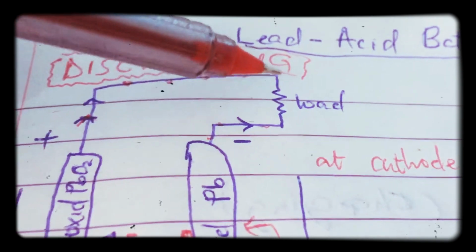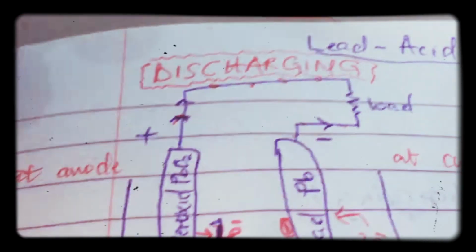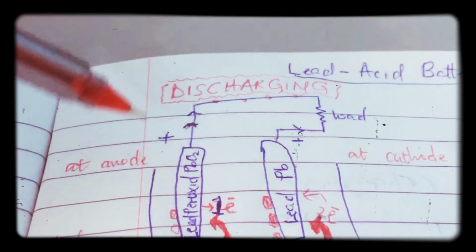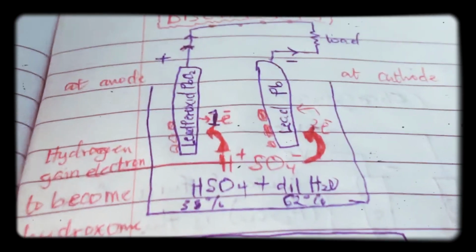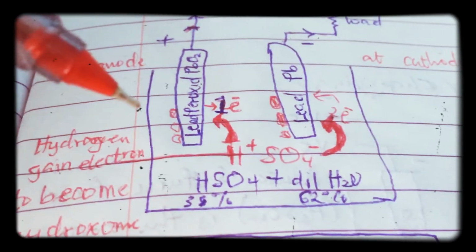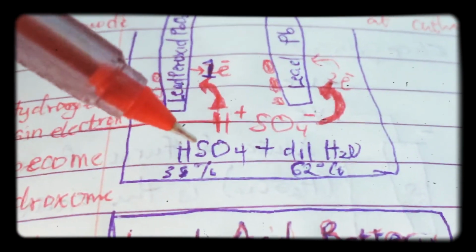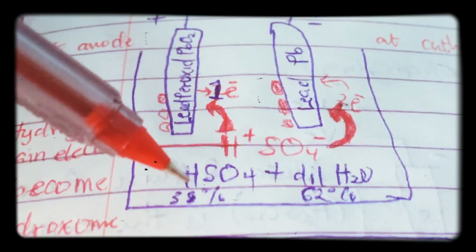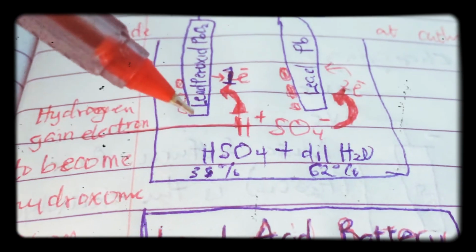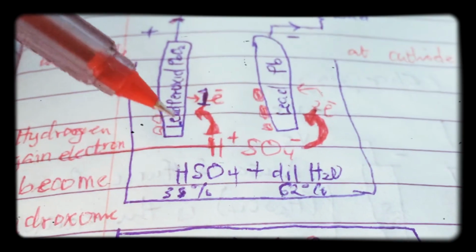The load receives the current flowing. These electrodes are immersed partially in sulfuric acid, so there is a reaction between the electrodes and the sulfuric acid.